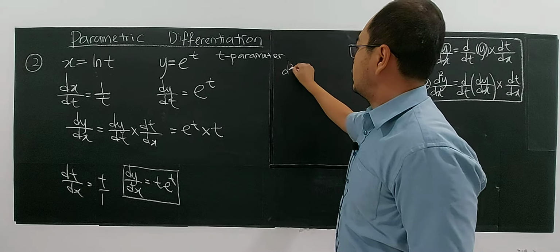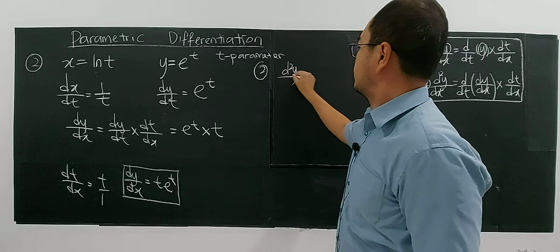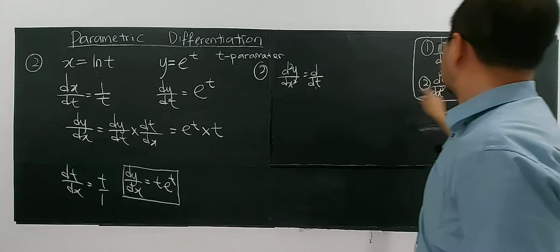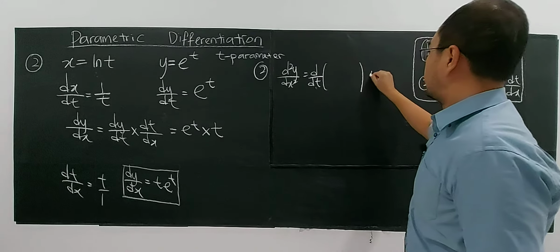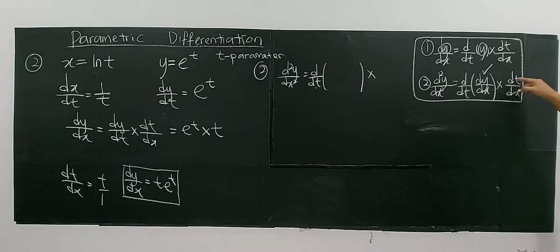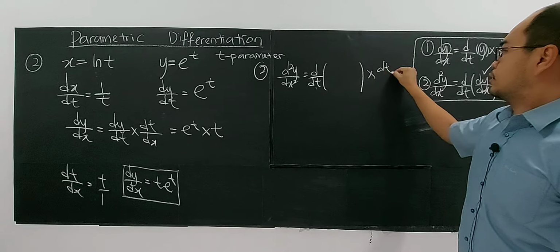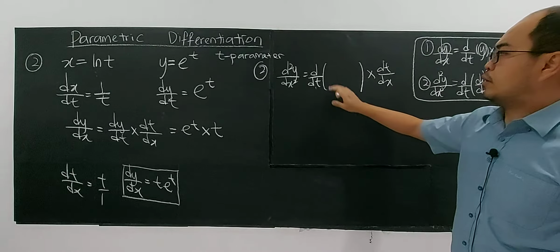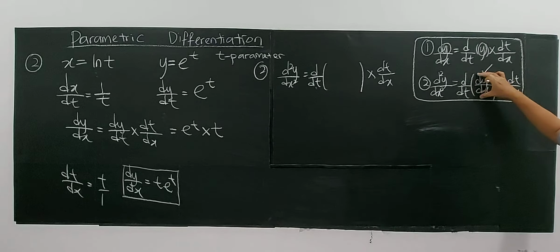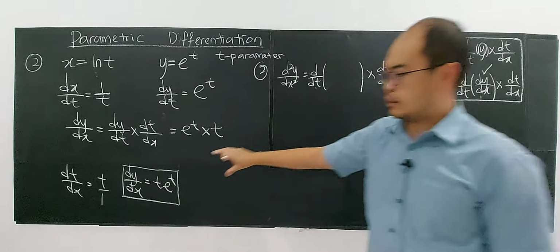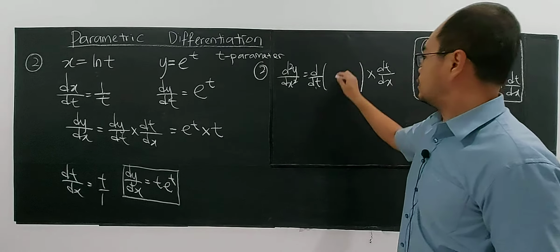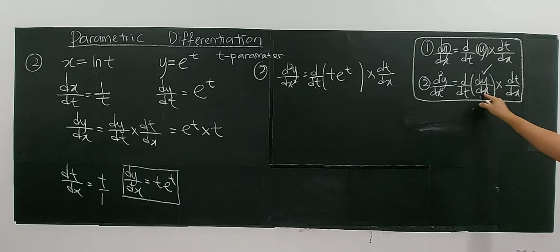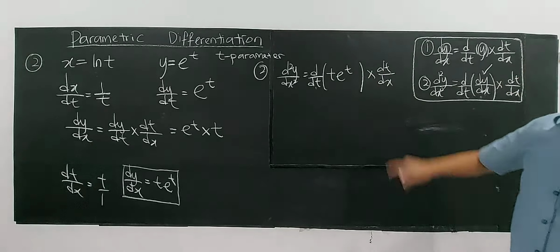The formula is d2y/dx2 equals d/dt, not dx, d/dt of dy/dx, multiplied with dt/dx. This dy/dx, which we got from here in terms of t, is t e^t. So it is d/dt of dy/dx, times dt/dx.